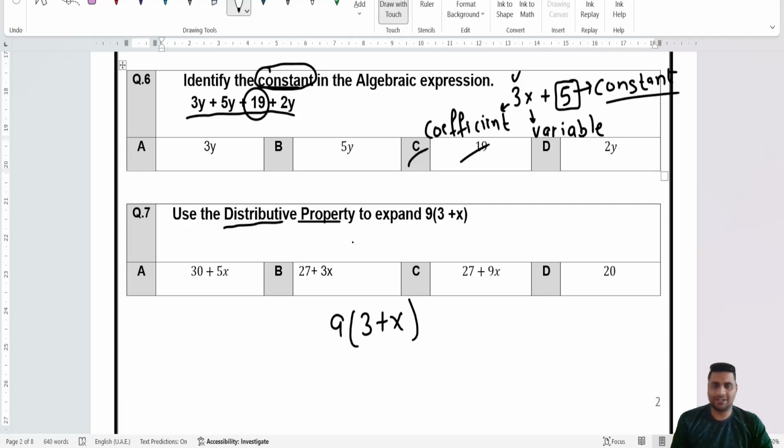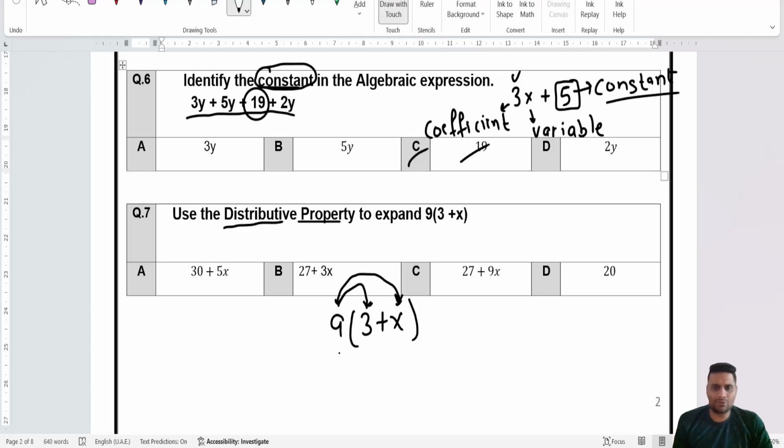Definitely, because both of them are his friends, he will shake hands with both of them. Similarly, this 9 is the friend standing outside, and 3 and x are sitting inside. So when the 9 goes inside, first it will multiply with 3, and after that it will multiply with the x. This is my distributive property.